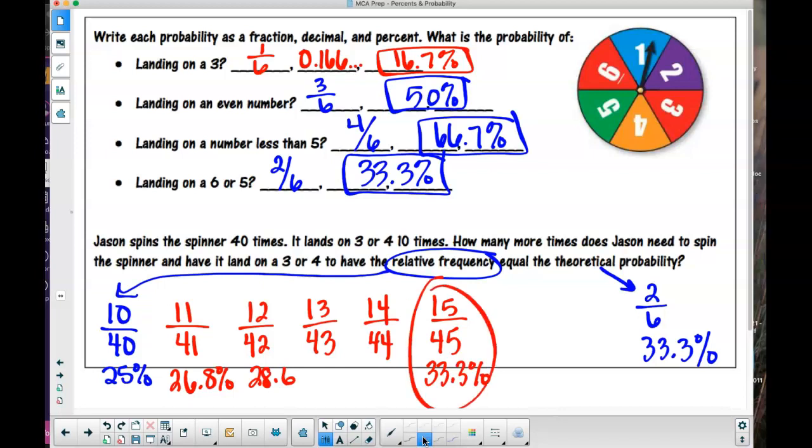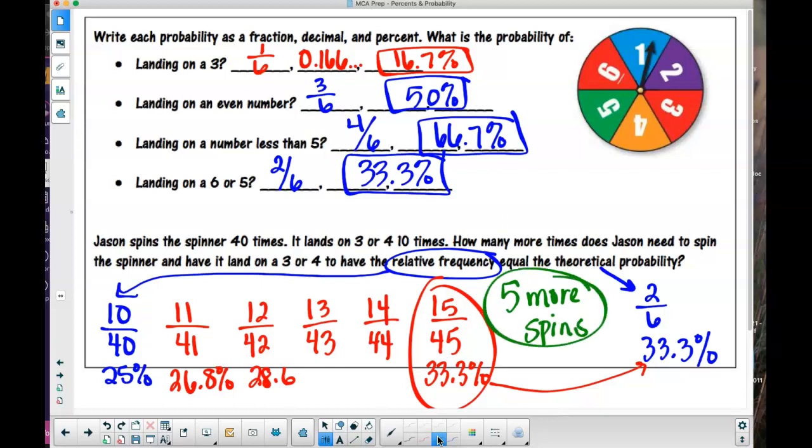So at this point, it's equal. How many more spins did he need? 5. Okay, so you would need 5 more spins to have them be equal. Okay, that's kind of a confusing problem, I think. It's a little bit tricky. I want you to be aware of it. You have that type of problem to look at.